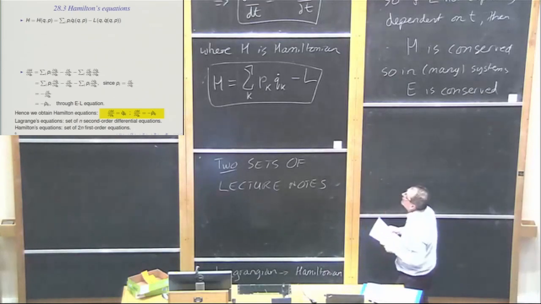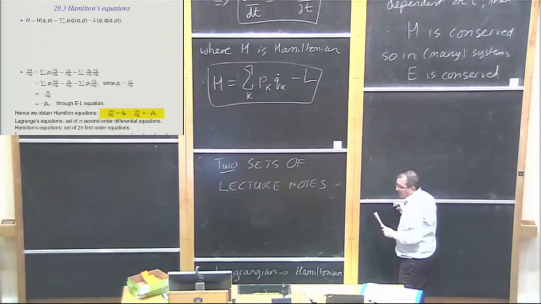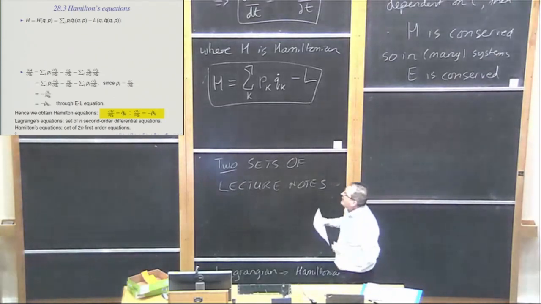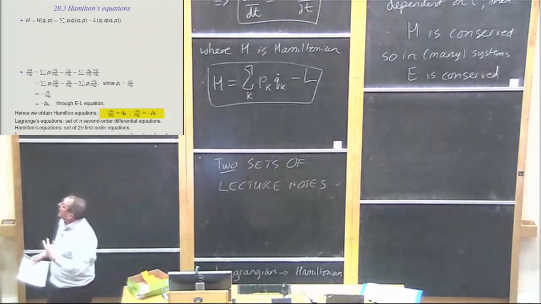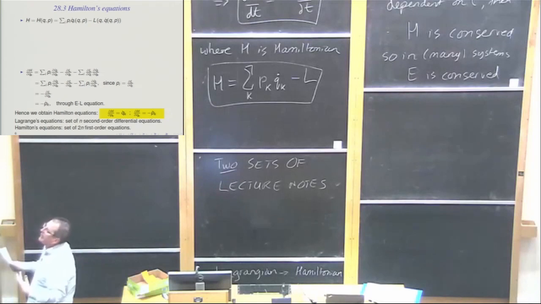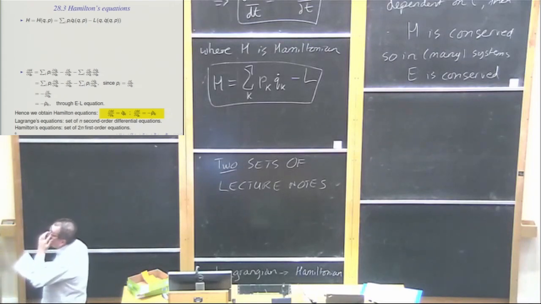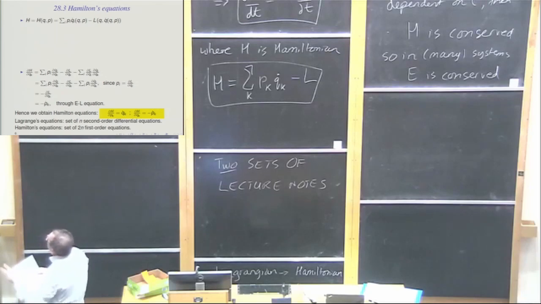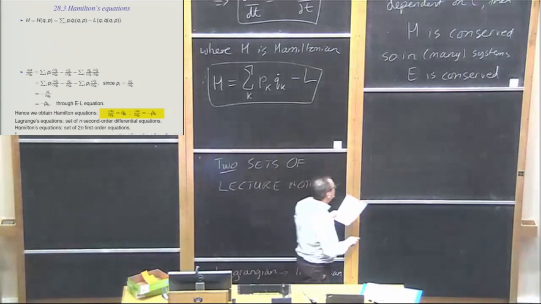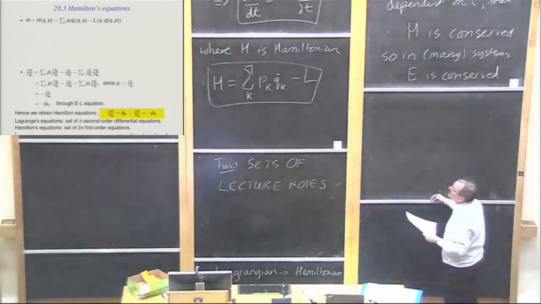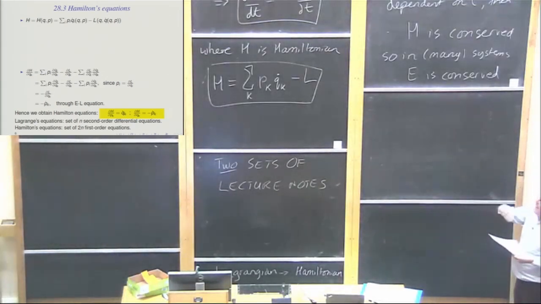And this is already upon us. In Lagrangian mechanics, you have the Lagrangian, and with that you can apply the Euler-Lagrange equation, and from that you get equations of motion. You can do something similar in Hamiltonian mechanics, and this is to arrive at Hamilton's equations.